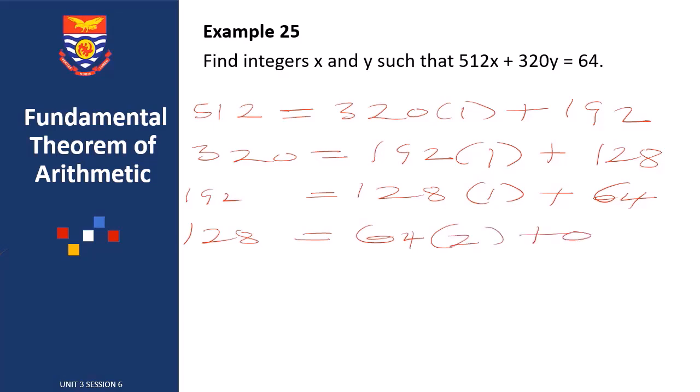So in that instance, we can say that 64 is our GCD. GCD of 512 and 320 equals 64. I think we've already talked about this.